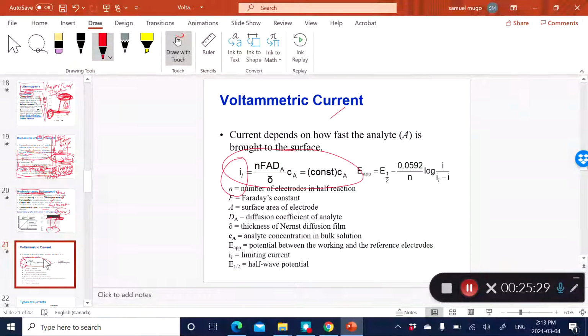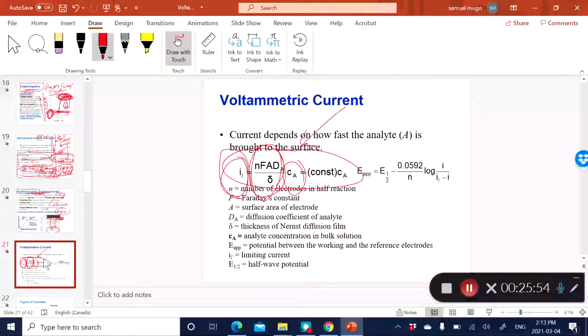So if you look at the relationship of what is happening in voltammetry based on these equations, the current that you generate from the oxidation or reduction is proportional to the concentration, and the proportionality constants are all these variables that actually affect voltammetry.